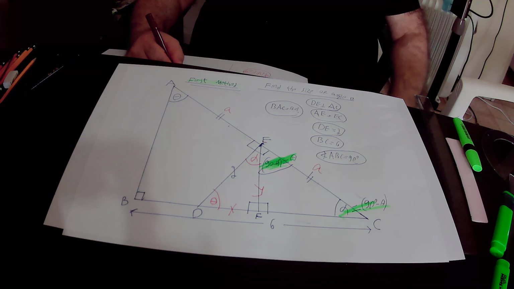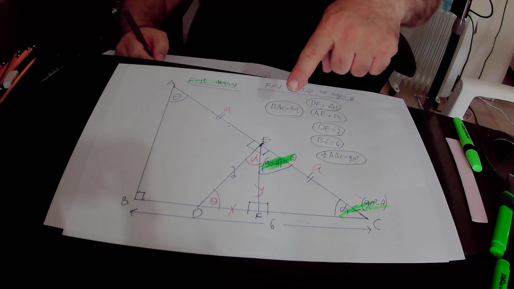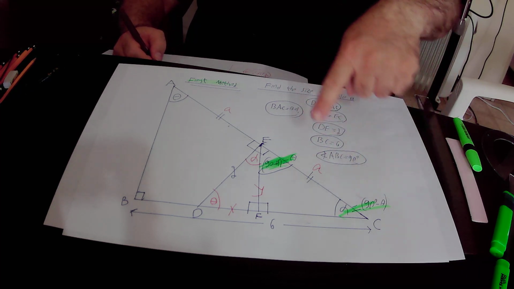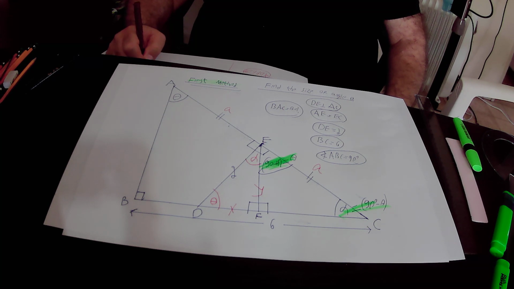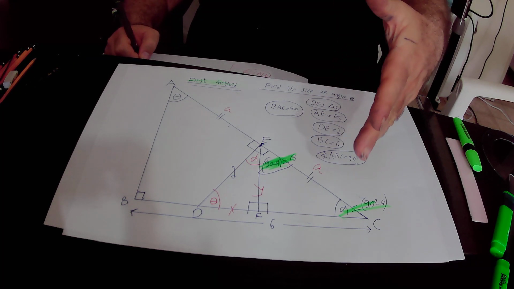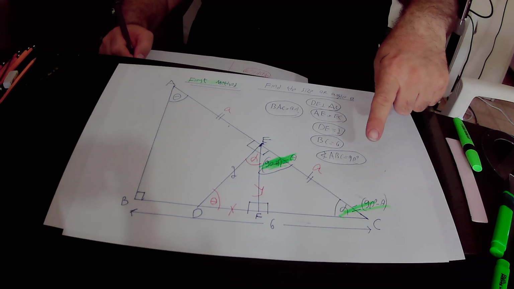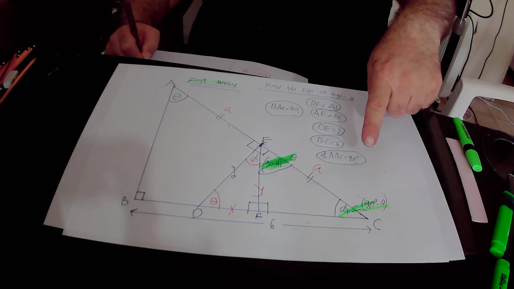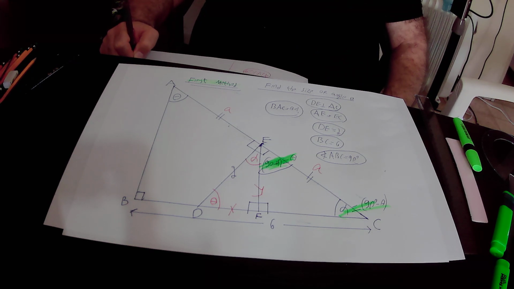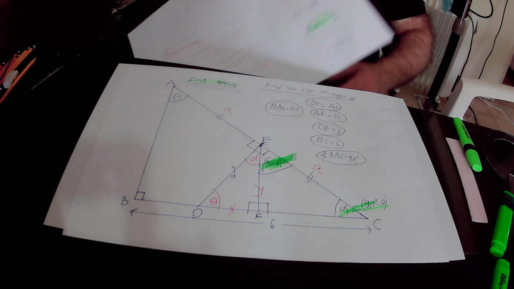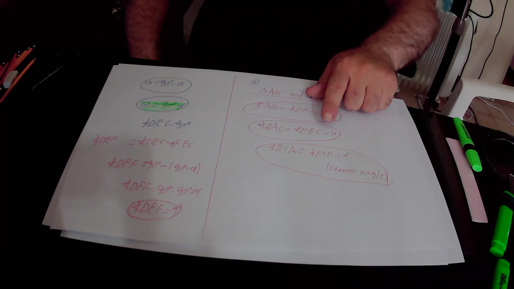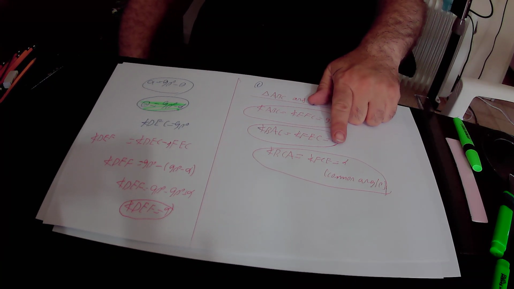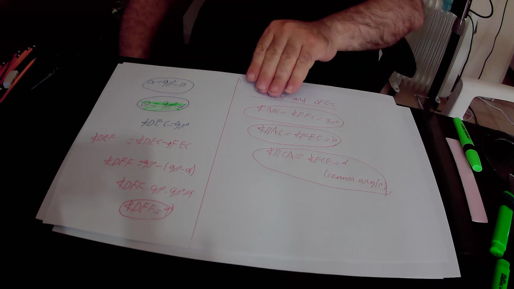Angle BCA is equal to angle FCE. This also belongs to triangle FCE. And this angle equals alpha. It is a common angle. So actually, angle BCA equals angle FCE equals alpha. It's a common angle that belongs to both triangles.